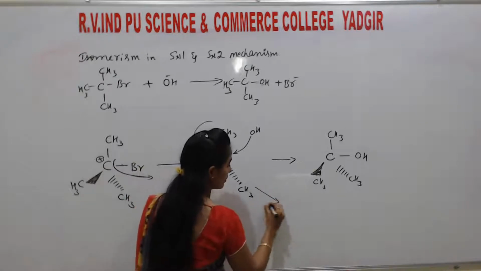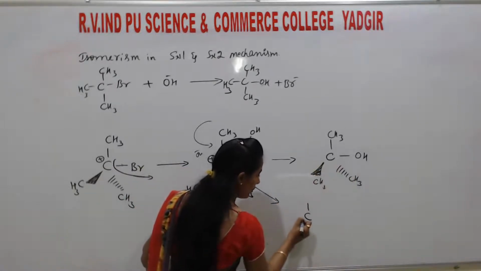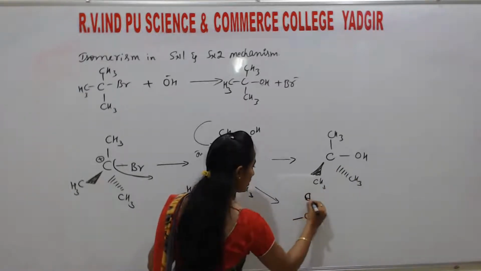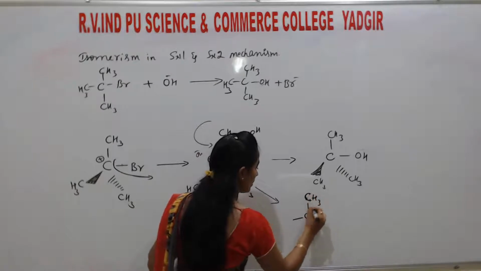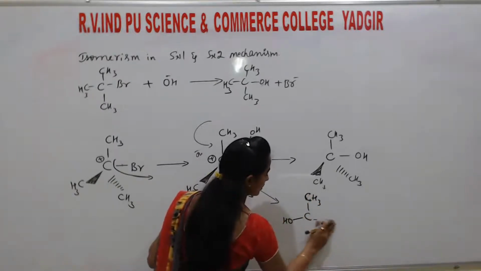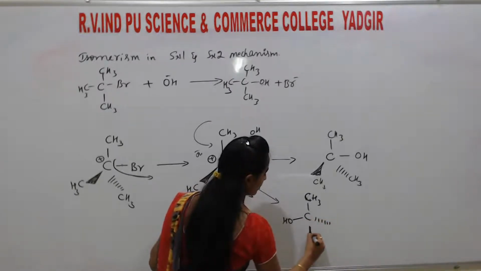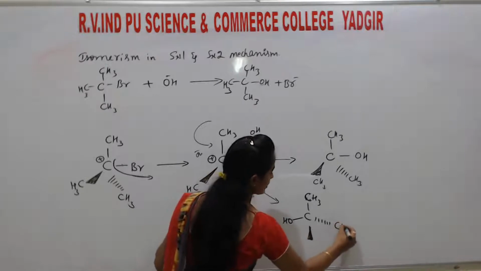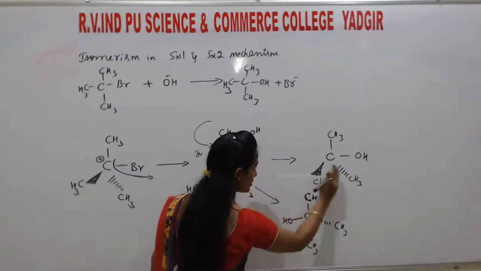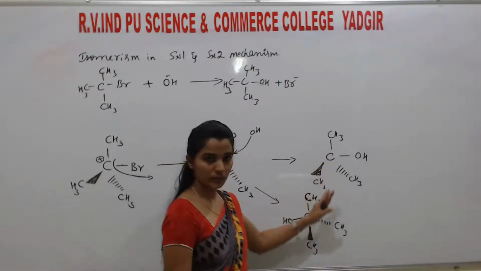Then it forms the compound with OH on this side and CH3 groups, opposite in direction. Understand?